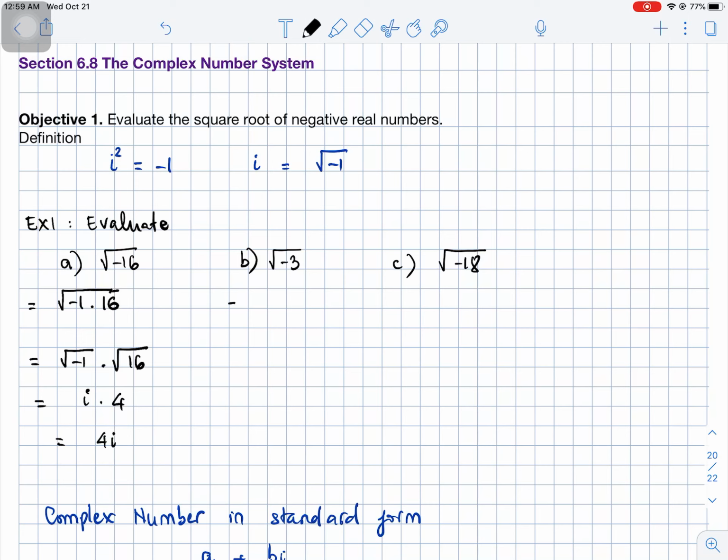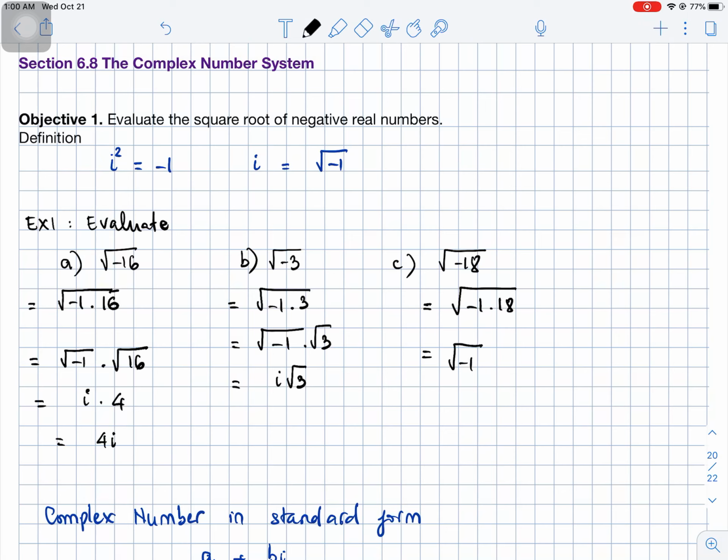We will separate the negative 1 and the 16, and we recall the product property. We can separate them, and then the square root of negative 1 is i, the square root of 16 is 4, then the answer will be 4i.